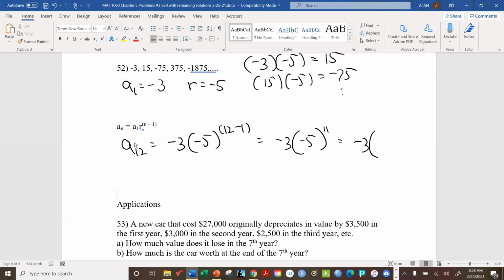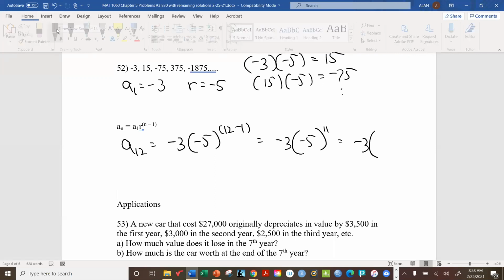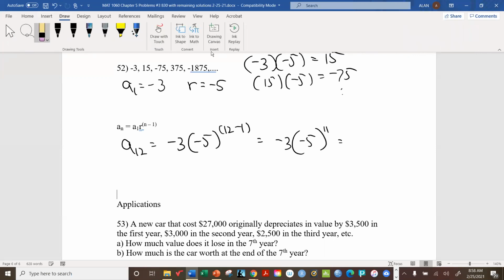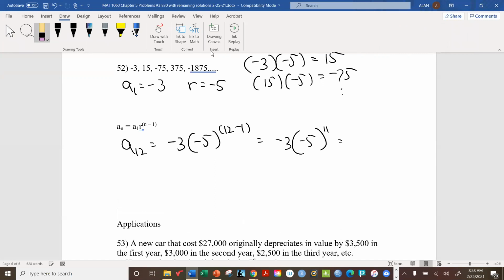Minus 48 million. Oh, man, I'm going to run out of room. This one is so big.